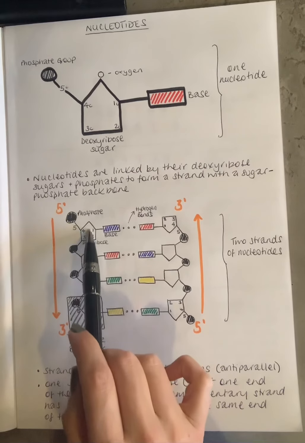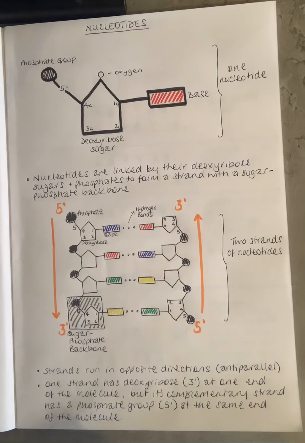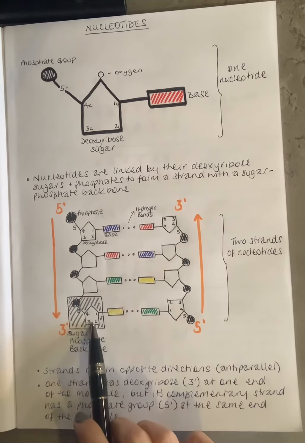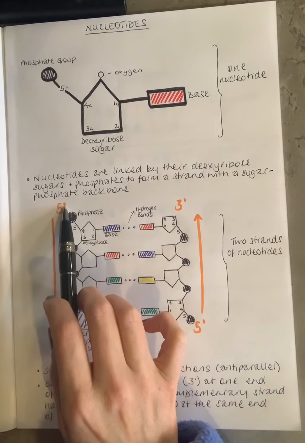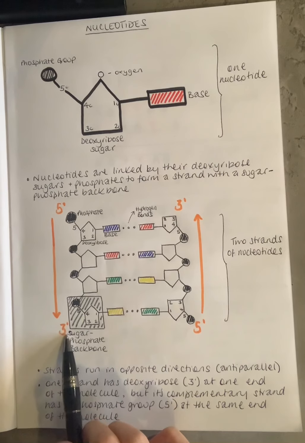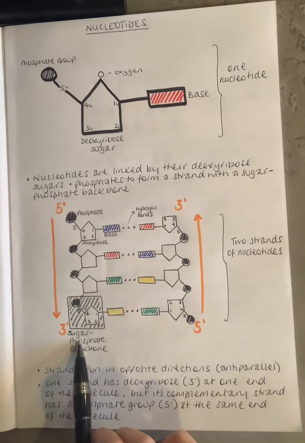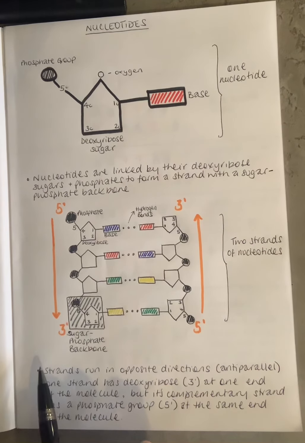Obviously we're simplifying this because there's only 4 nucleotides here, but if we run this with all the thousands of nucleotides in the one strand, eventually there'll be one last nucleotide. And if it started at 5 at the top, then there will be a 3 end at the bottom of the strand, because there is no other phosphate group attached to this sugar, so we have our 3 carbon at the very end.